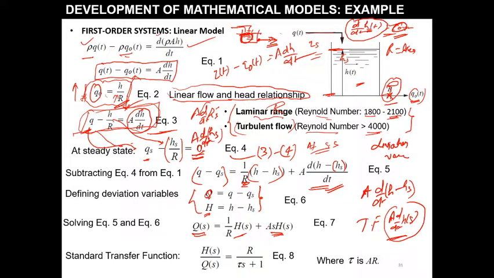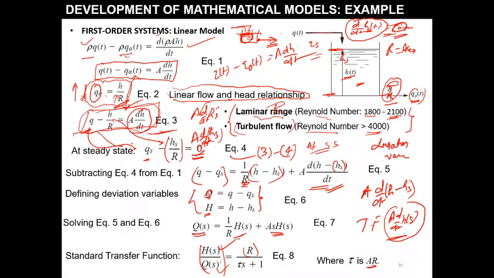So what is your output? Output is your height. What is the input? Input is your flow rate. So output is H, input is Q. So H upon Q, you can write the equation as R divided by tau s plus 1, where tau is equal to AR.